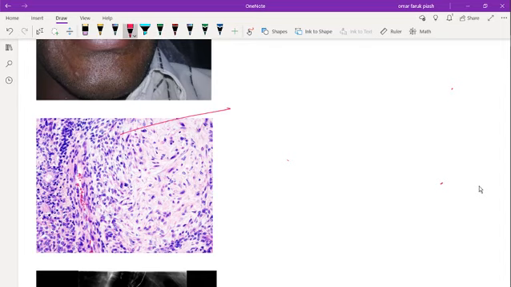is Warthin tumor, also known as papillary cystadenoma lymphomatosum. You can remember by this mnemonic: warriors from Germany love smoking.